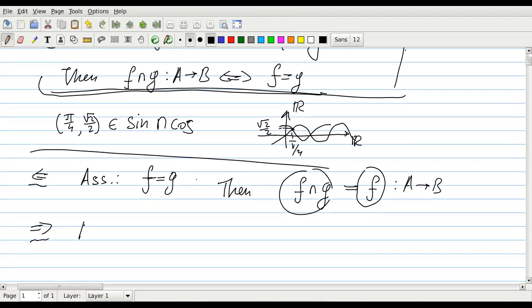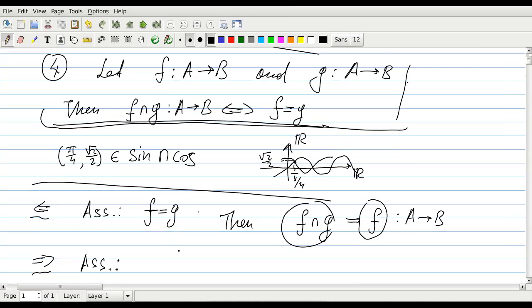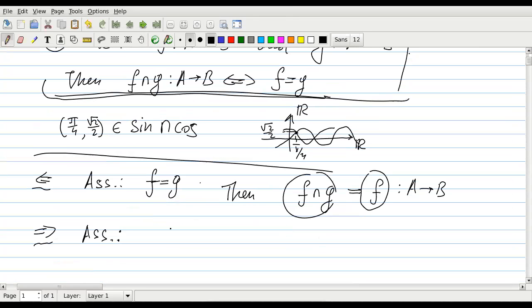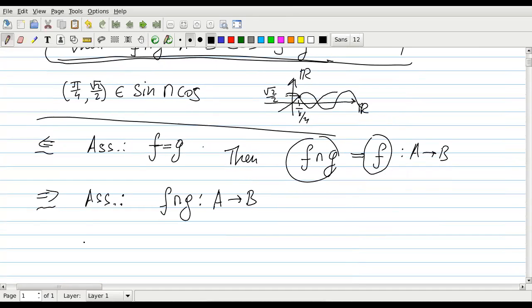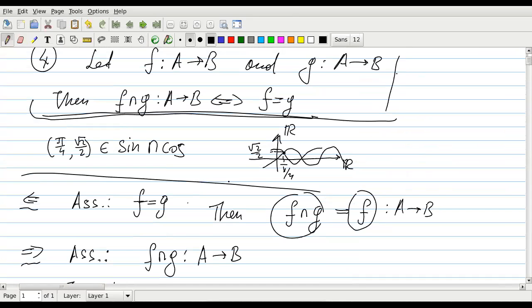Yes. But the opposite implication is a little bit trickier. Now, assume that the intersection of these two functions is indeed a function from A to B. And I want to prove that f equals g. How is it possible in general to prove that two sets are equal to each other? What should I do?